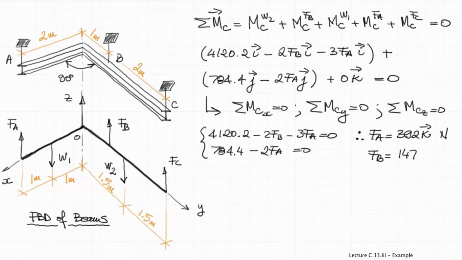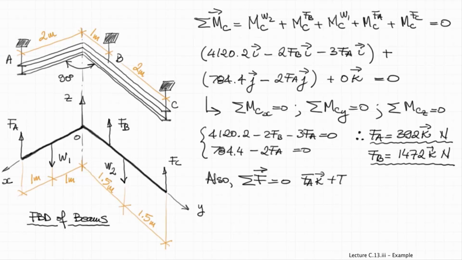And from these two simultaneous equations, we can solve for Fa, 392 k newtons, and Fb, 1472 k newtons. So the unit vector k indicates that these forces are along the z-axis.